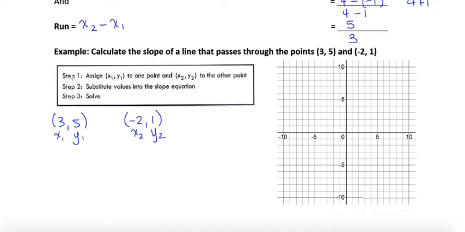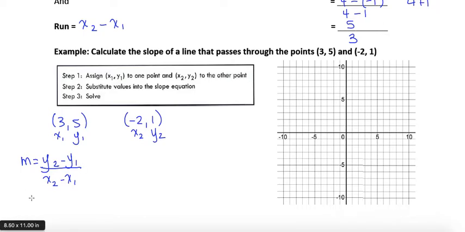So that's step 1. Assign x1, y1 to one point and x2, y2 to the other point. So now we want to substitute the values into the slope equation. So we're going to use the slope is the same as y2 minus y1 over x2 minus x1.